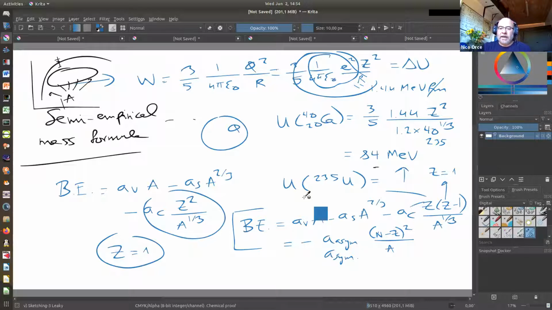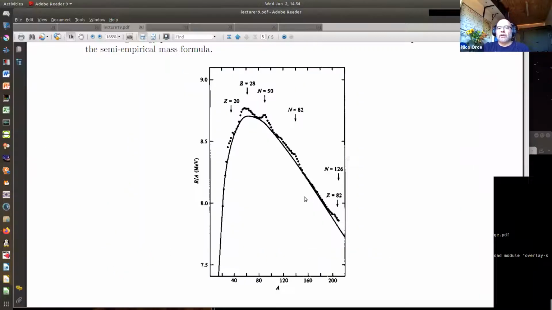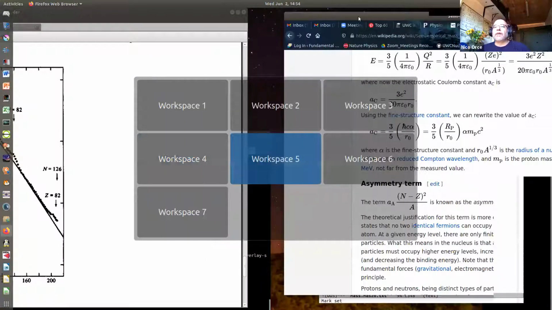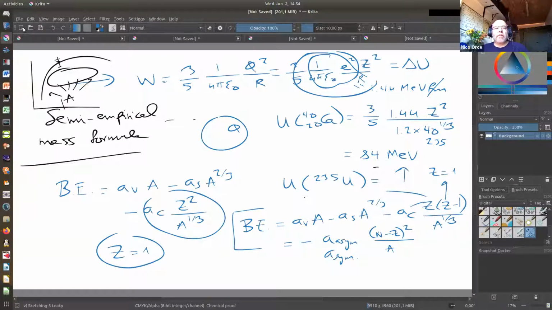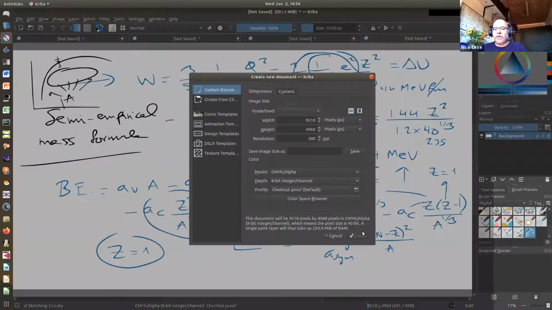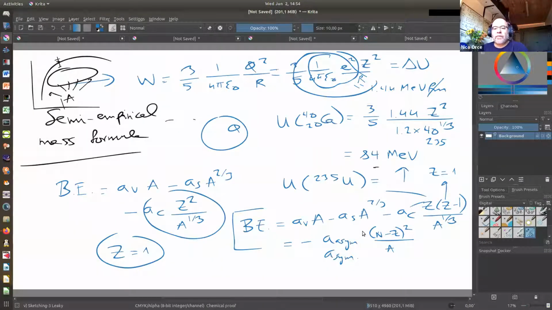So let's look at the nuclear chart. This is also a very important concept. Let's look, what is the chart here? So if I draw a line here along the line of stability. So let's draw a line for N equal to Z. So this is a term that we want to investigate now, the symmetry energy term. Let's put everything together now.